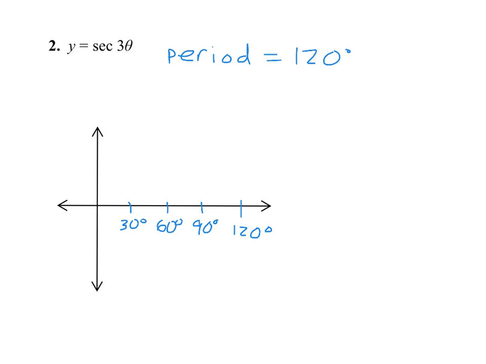Alright, now secant does not have an amplitude, but if this was a cosine graph, it would have an amplitude of 1. So we still use those numbers, 1 and -1. Alright, so if this was a cosine graph, remember cosine starts upstairs.